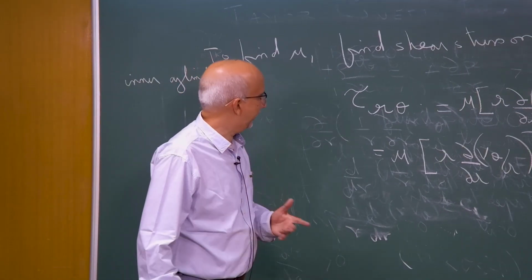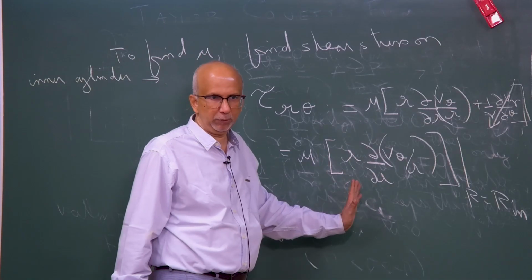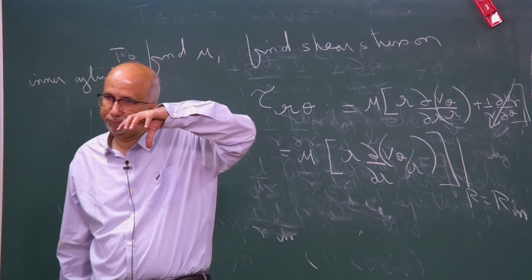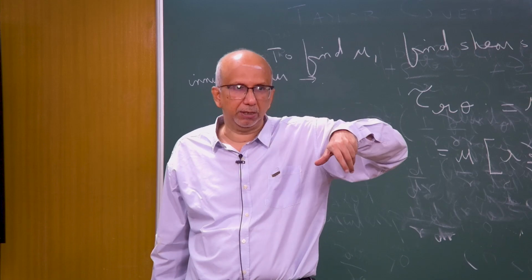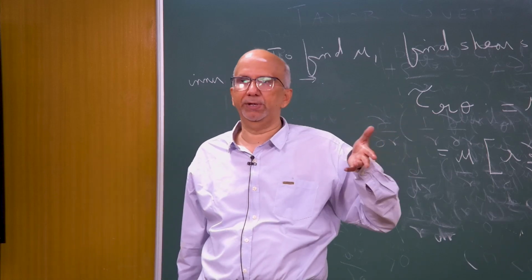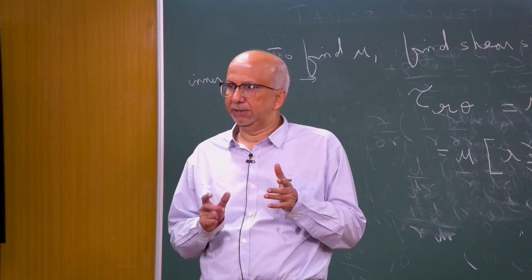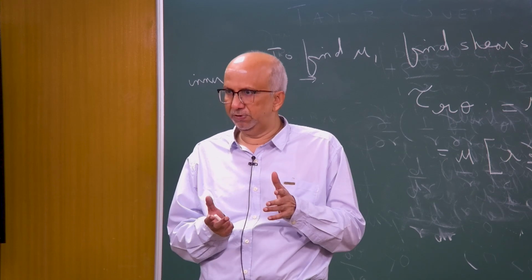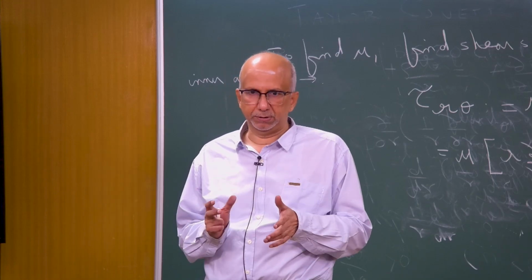okay. Idea is I know v theta, which I already found out, I will substitute it here, I can calculate this. Now, because I am rotating this, what am I going to measure? I am going to measure the torque required for the rotation. So, experimentally, what my viscometer does is, it keeps rotating the inner cylinder. There is a specific torque which it applies to keep the omega constant, okay.